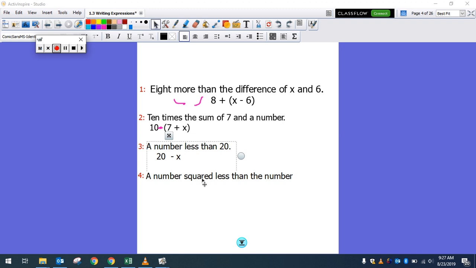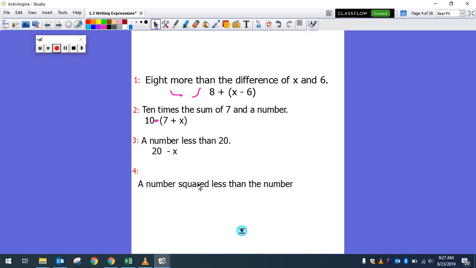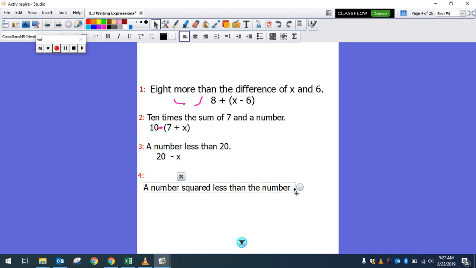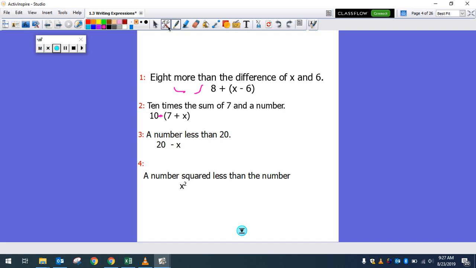All right, next. A number squared less than the number. Well, let's start with the number squared. A number squared, well, let's just start with the number. That would be an x. Squared means your little exponent is a 2. Okay, so that's a number squared. I got that part done. Less than means to subtract, but what else does it mean?